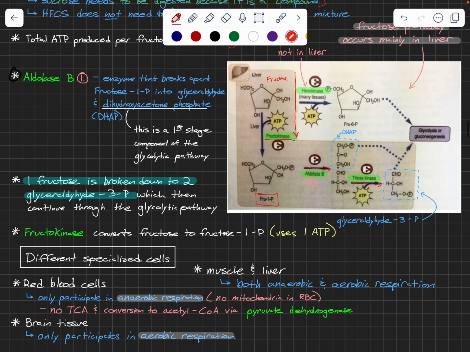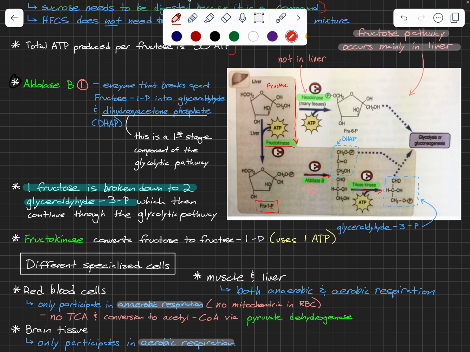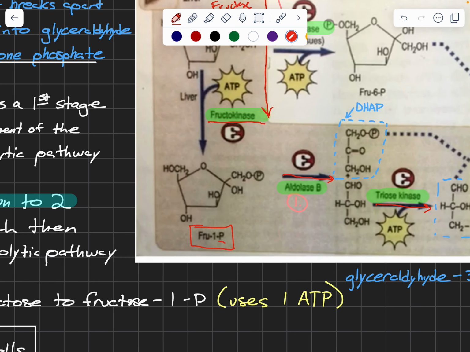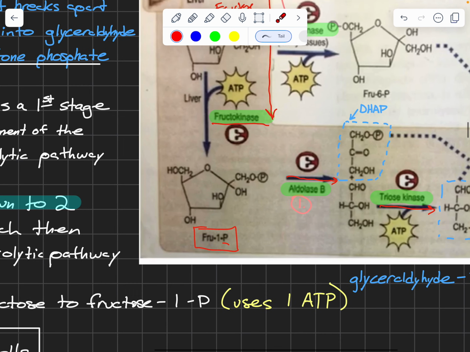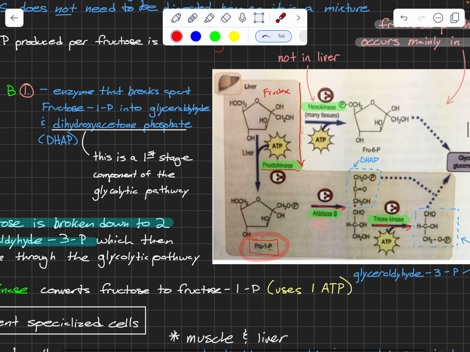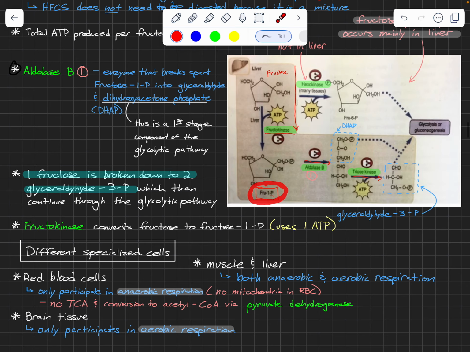So if someone has a fructose intolerance, you can almost guarantee that the enzyme aldolase B is either not functioning properly in their body, or they just don't have a lot of aldolase B. So if aldolase B does not work here to turn fructose 1P into our products down here, we're going to start to develop an overaccumulation of fructose 1P. And this overaccumulation actually is not that great for our body.